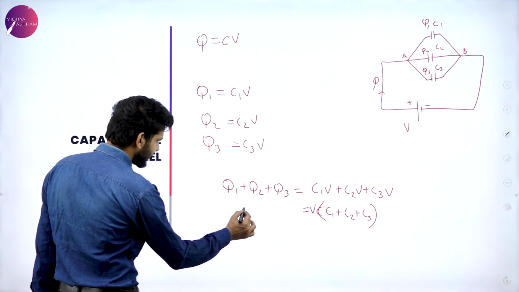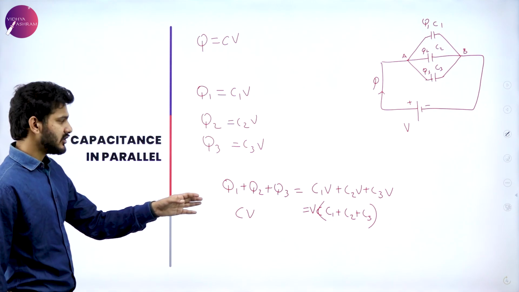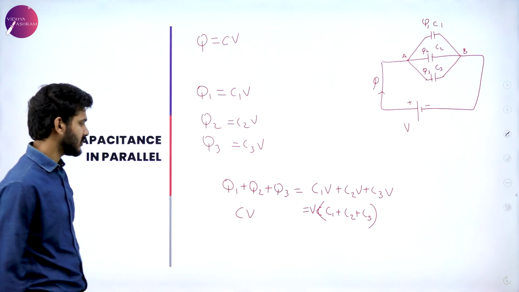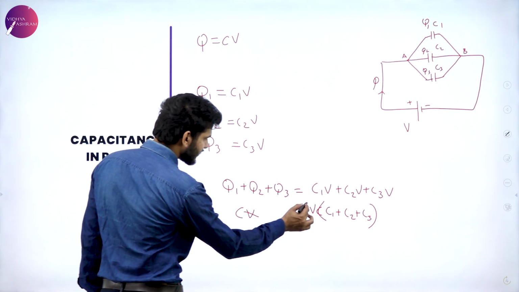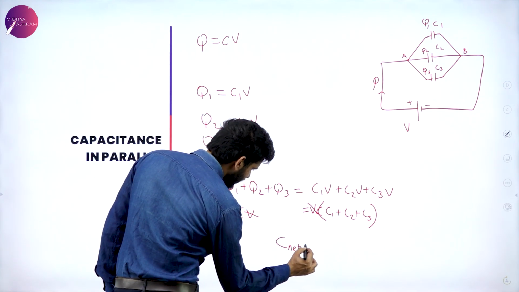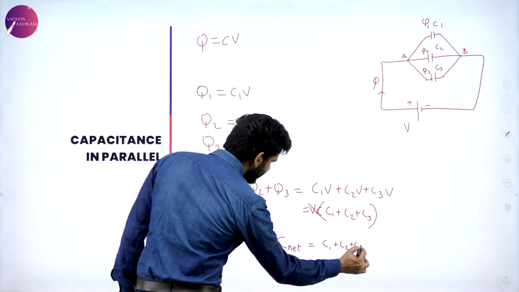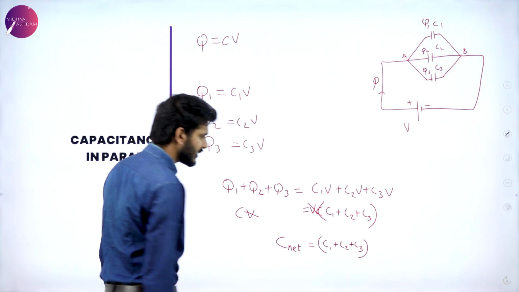So we can write CV is equal to V into C1 plus C2 plus C3. So we can cancel out the V's here and then we'll get the equation net C is equal to C1 plus C2 plus C3. Don't get confused.